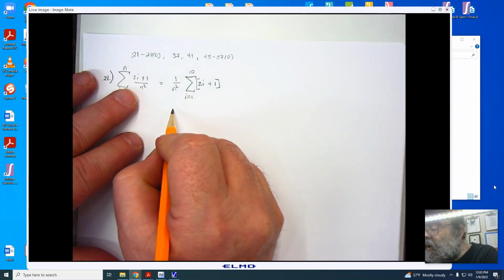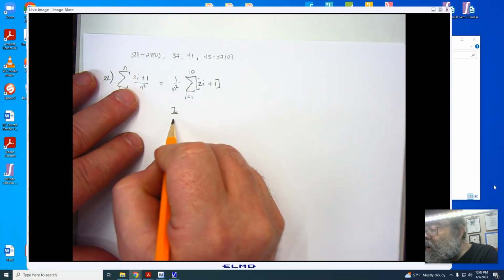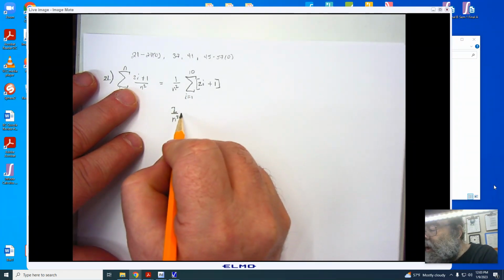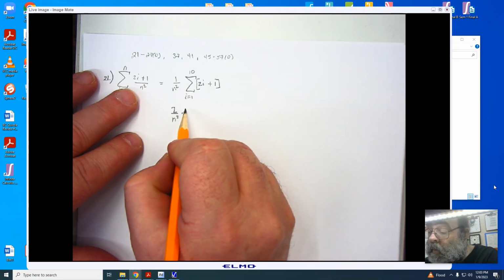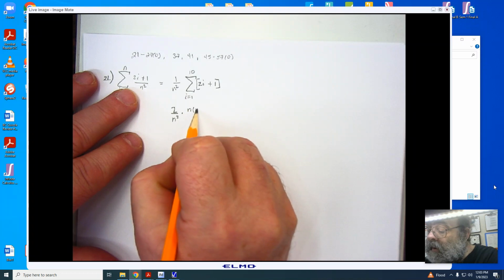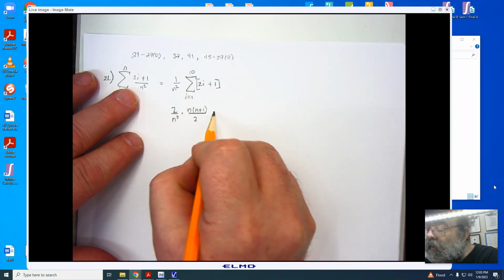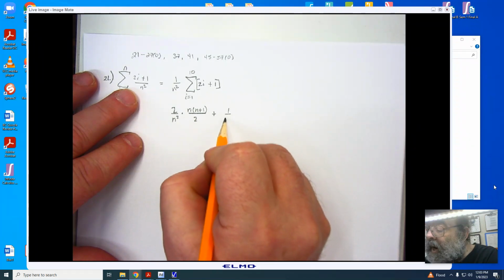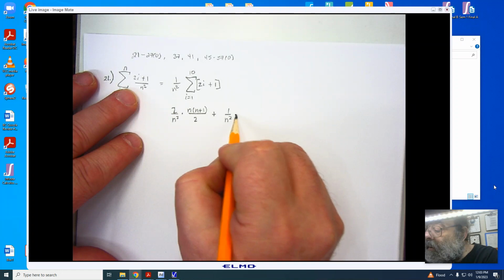So I'm just going to do my simplification. I'm going to have 2 over n squared, and I'm multiplying it by my formula for i, if you recall from part 1, which was n plus 1 divided by 2. And then we have plus 1 over n squared, and we're multiplying it by n.